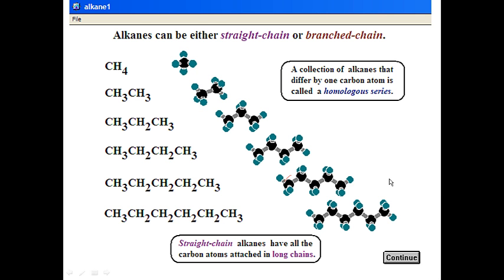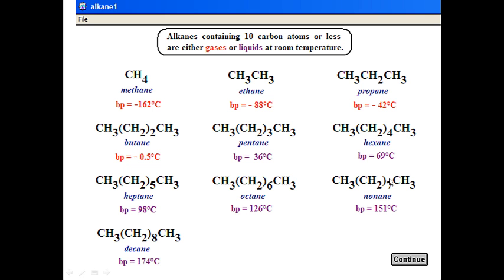Some of these alkanes we actually come in contact with every day of our lives. So here's the naming of that series of alkanes. The 1-carbon being methane, the 2-carbon being ethane, 3 being propane, 4 being butane, 5 being pentane, 6 being hexane, 7 being heptane, then octane, nonane, decane, and then it goes up from there.